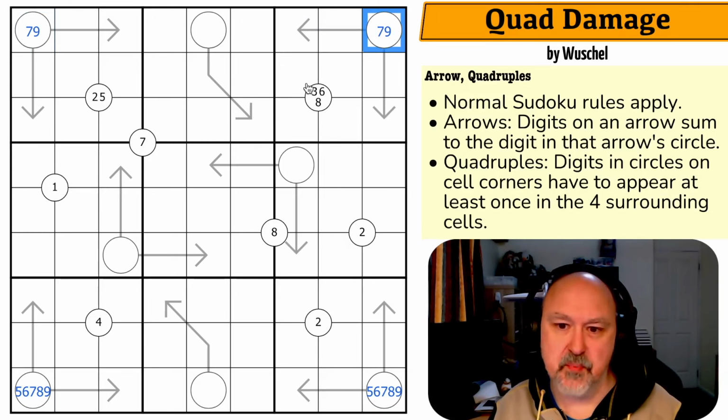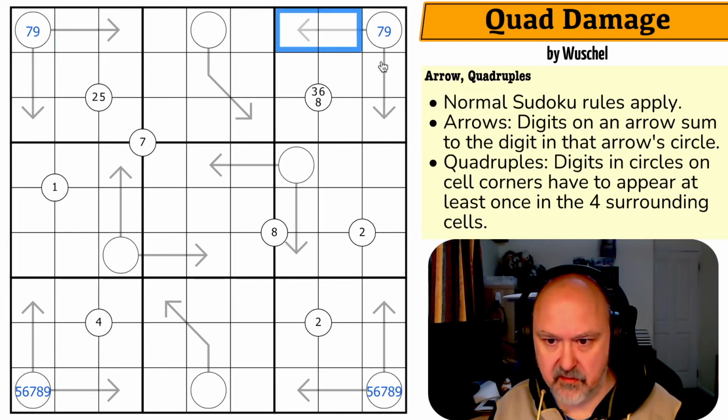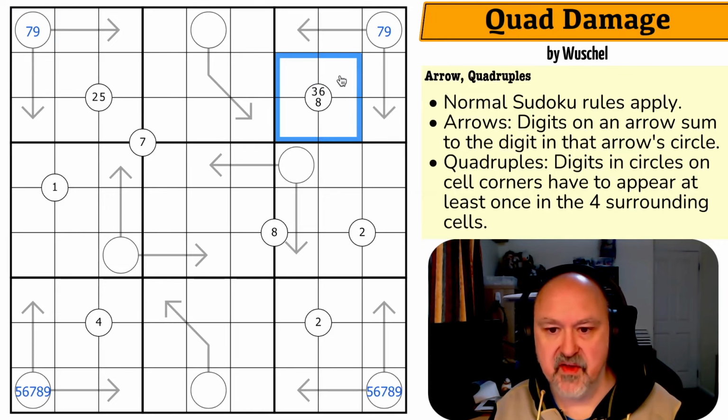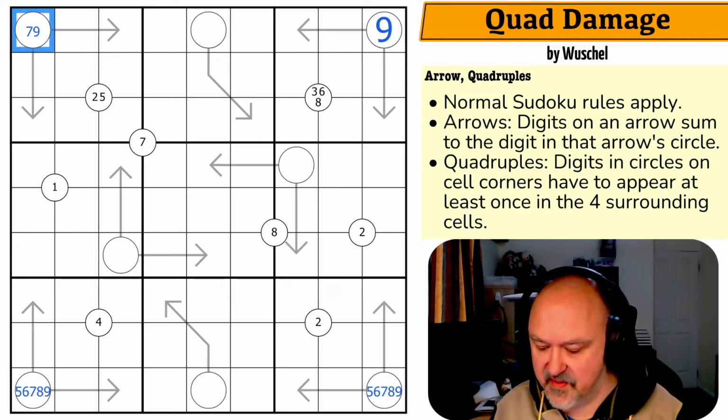But is one of those impossible? Because a 7, I could use 1 6, but I can't use 1 6 on an arrow. I could use 2 5, but I can't use 3 4, and they're the only possibilities. So I can't use 1 6 or 3 4, and I can't make both of those 2 5. So this isn't a 7. That's a 9. This is a 7.